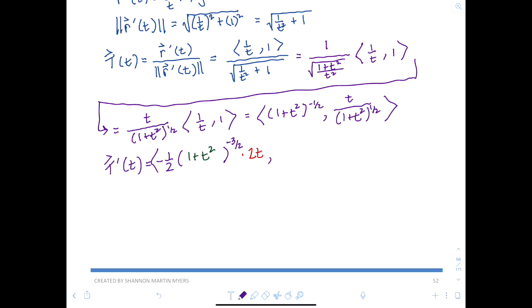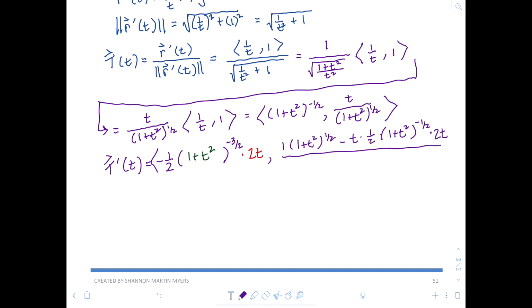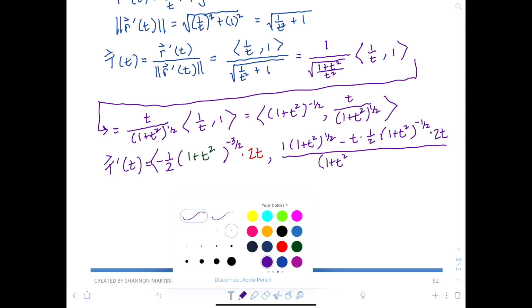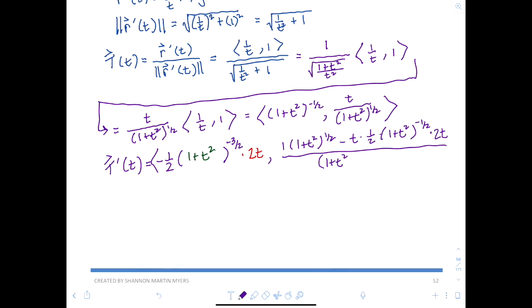So we're going to end up getting 1 times (1 plus t squared) to the 1/2 minus t times 1/2 times (1 plus t squared) to the negative 1/2 times 2t, again using the chain rule, all over the square root of 1 plus t squared, squared.